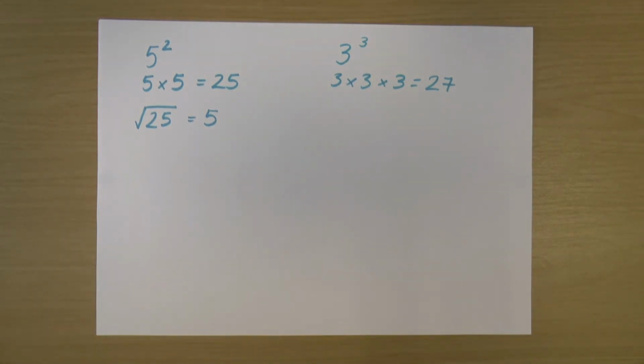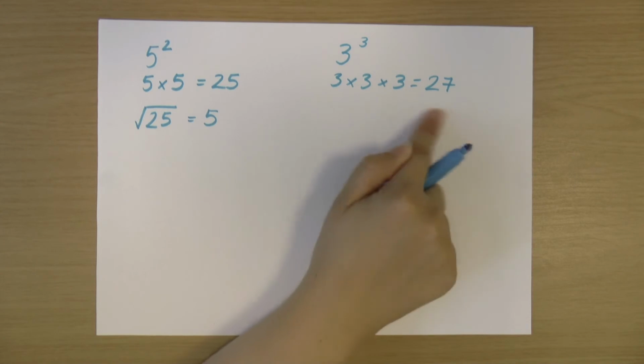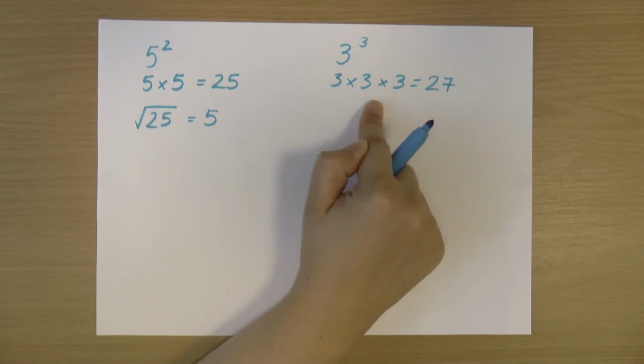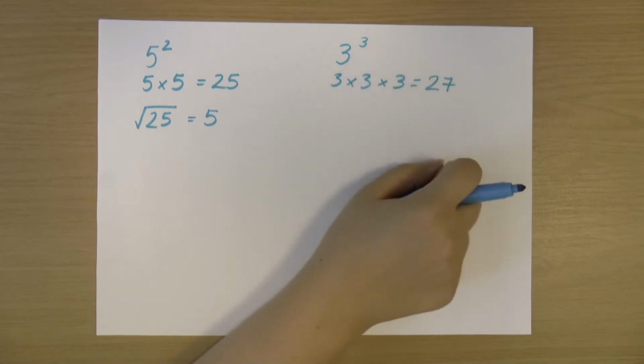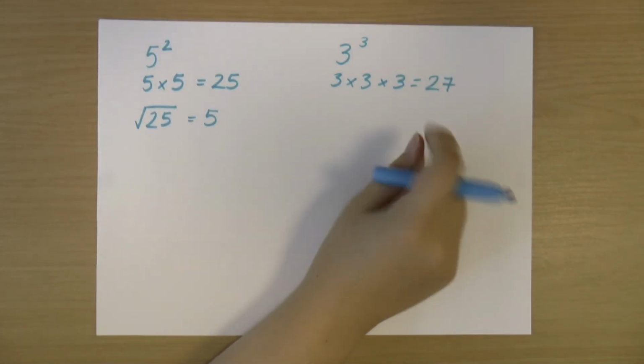And you can pop that in a calculator as well. Have a look at my calculator tutorials to see how. We actually have a symbol that does the inverse to cubing as well. So this is 3 cubed. Again, cube is a special name, 4 to the power of 3.